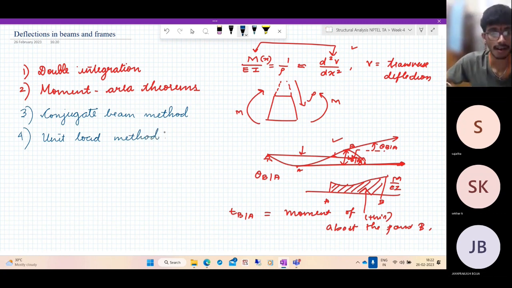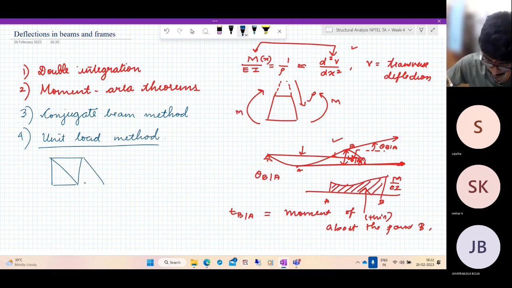You're already aware of the unit load method from trusses. So if we had a plane truss, what did we do? Suppose there is a load applied here, P, which is a real load, or some system of loads, P1, P2, and so on.